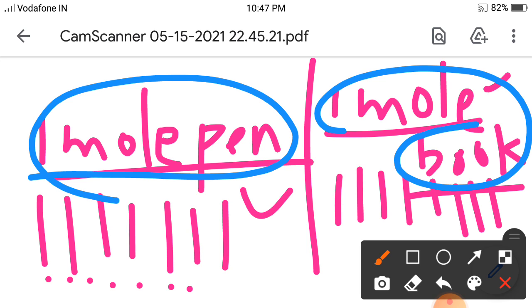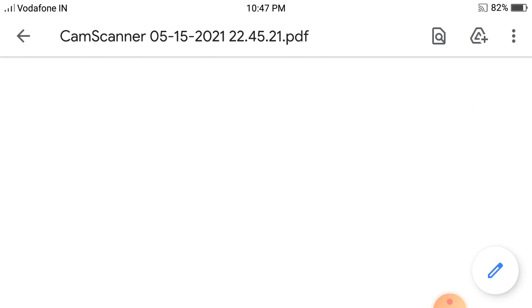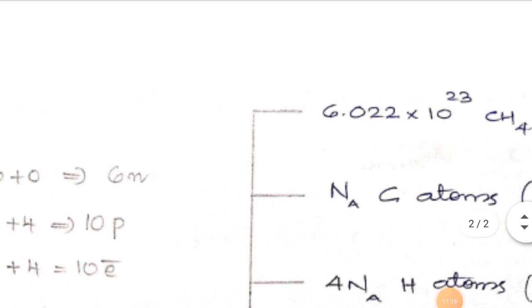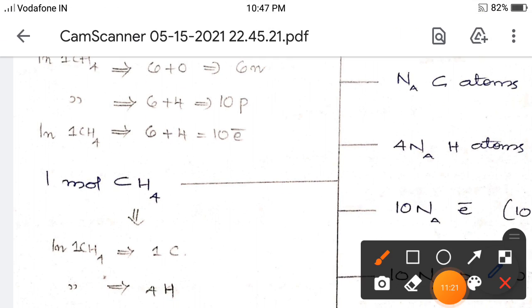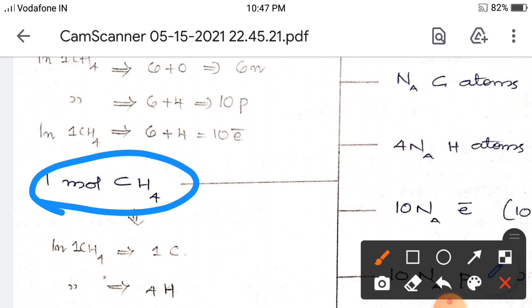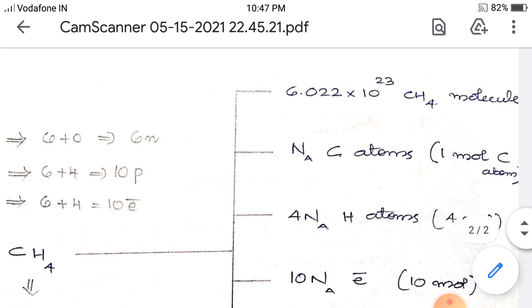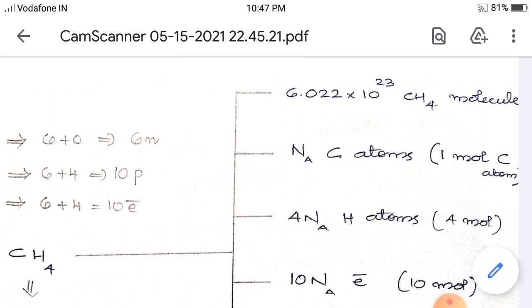Now, next, one of the important concepts. We are considering 1 mole of CH4 molecules. Then here we have 6.022 × 10^23 CH4 molecules.